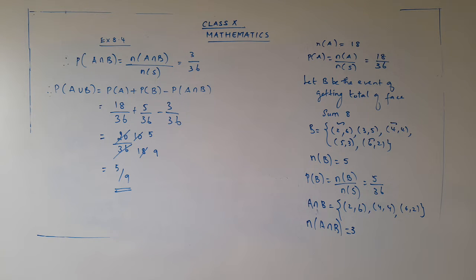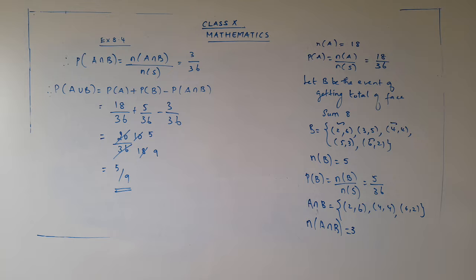It is P of A union B is equal to P of A plus P of B minus P of A intersection B. Substitute the value and you get the answer. If a simplification is possible, you have to do the simplification.